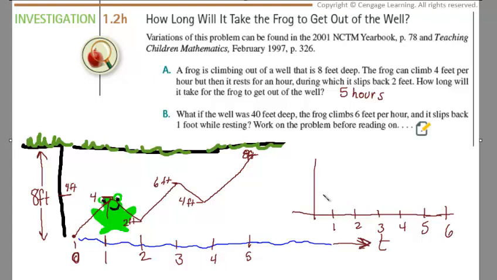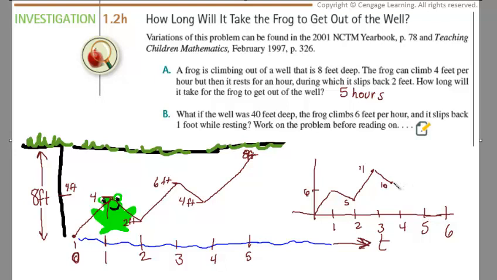So he goes up 6 feet an hour. So he goes up to 6. So he's at 6, and then he goes just down 1. So he's now at 5 on this one. Then he goes up 6, meaning he's now at 11. Then he goes down 1, meaning he's just at 10.